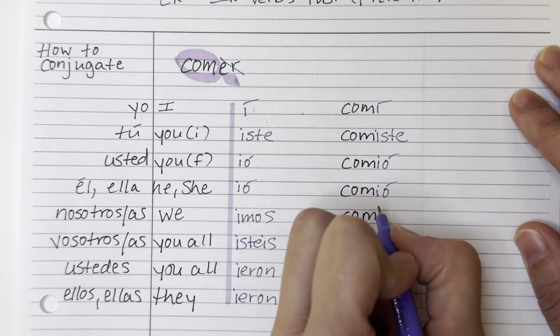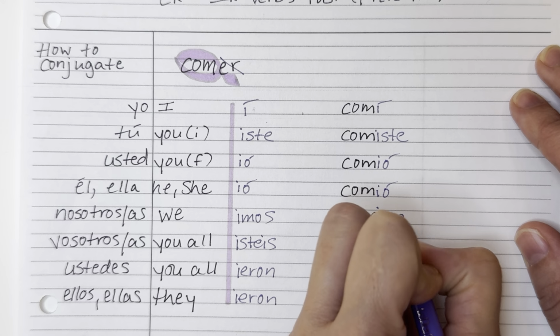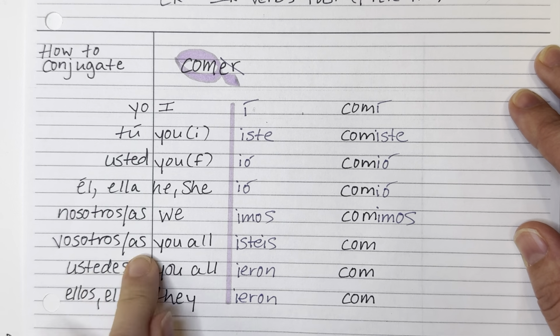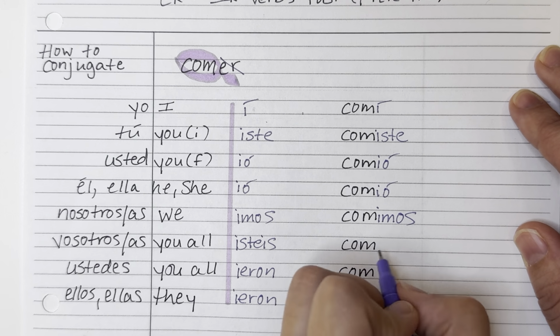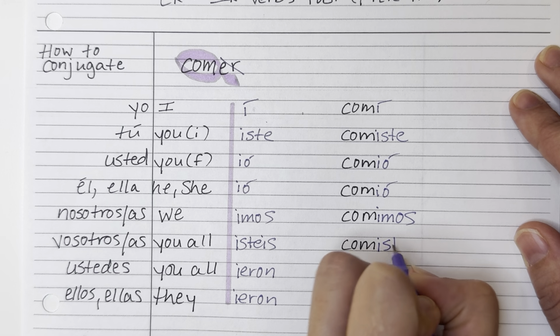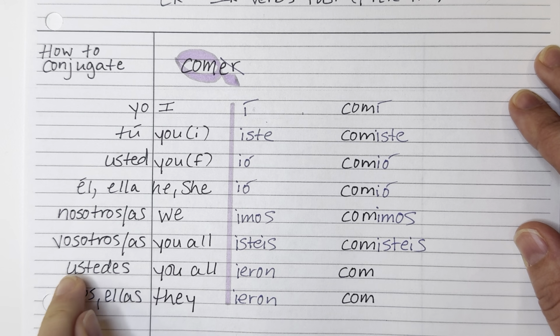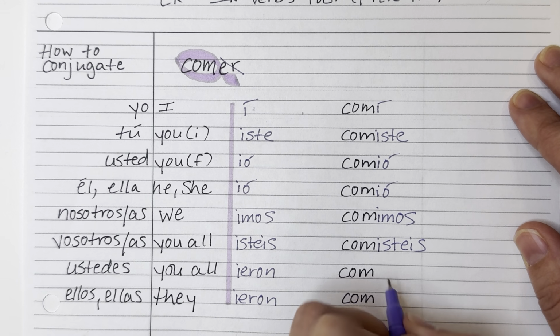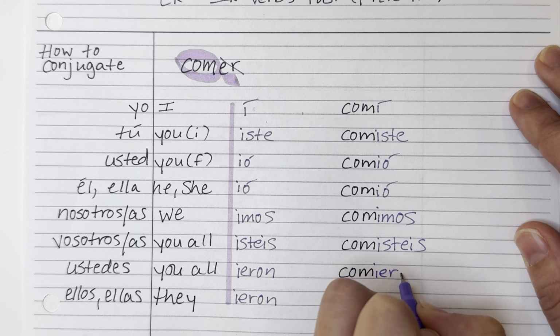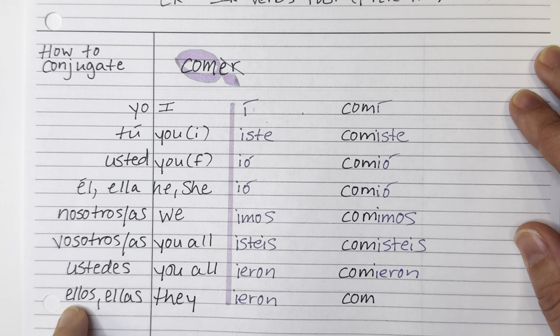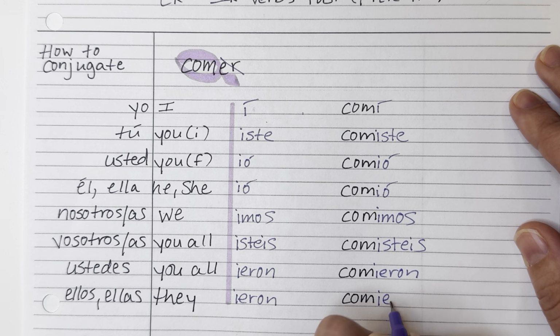We ate, nosotros comimos. You all ate in the vosotros form, vosotros comistes. Or in the ustedes form, you all ate, ustedes comieron. And then they ate, ellos or ellas comieron.